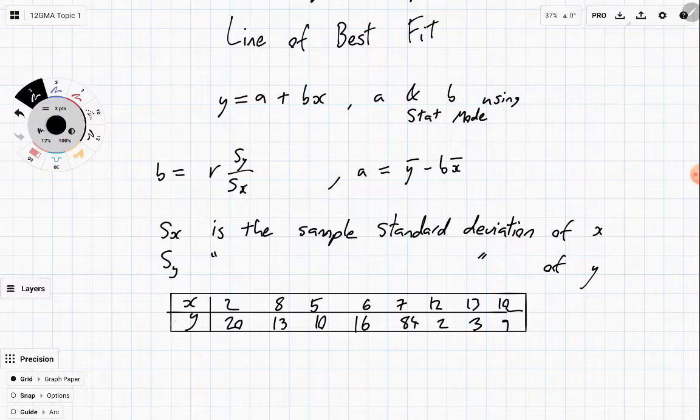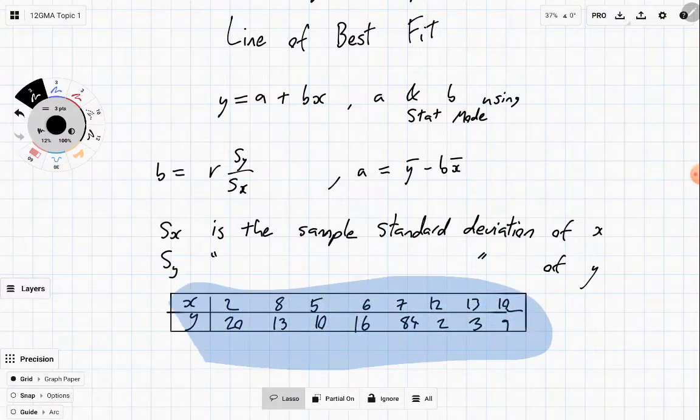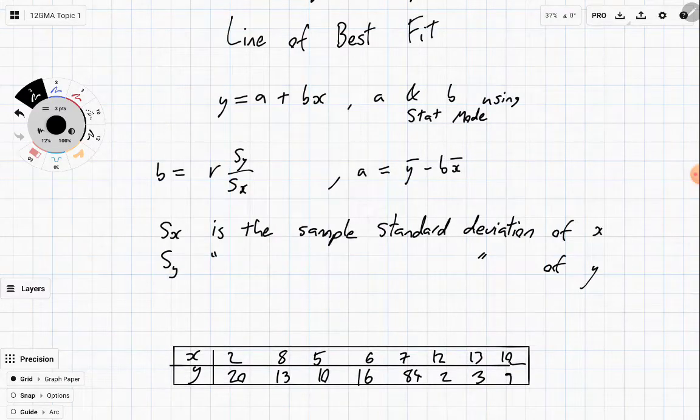Now, we should already know what r is. r is our correlation coefficient. If we're being technical, it's Pearson's correlation coefficient. There's different correlation coefficients. We just happen to use Pearson's correlation coefficient.